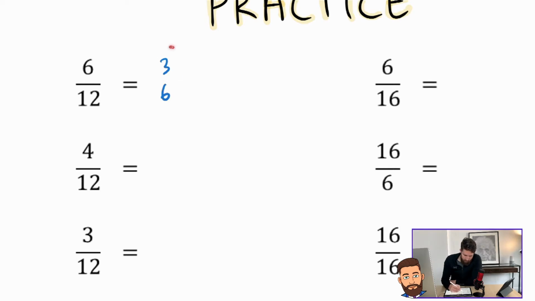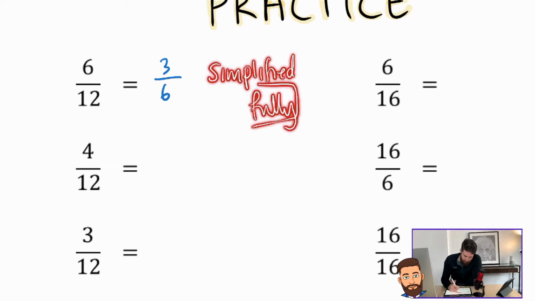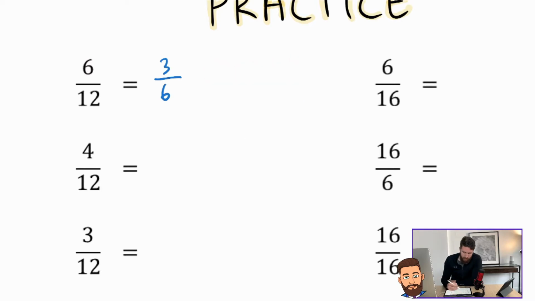This answer is not as simple as it can be. It is simplified, but it's not what we call simplified fully. If a question ever says simplify fully, it wants it to be as small as possible. So I'm looking at 3 and 6 thinking, what goes into both of those?